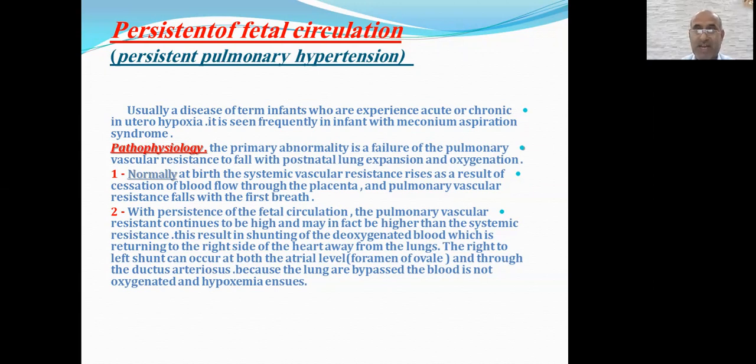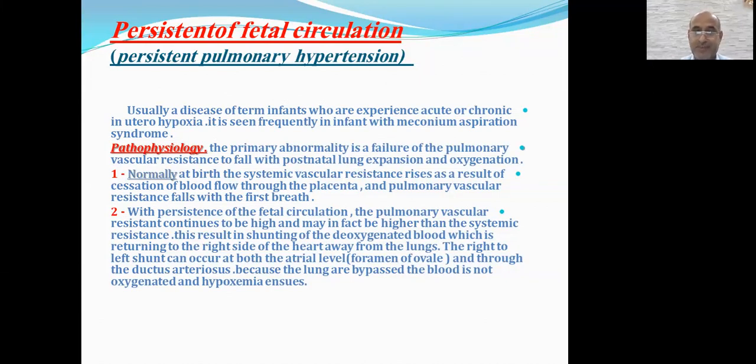Here we have a high pulmonary resistance. So the blood will be shunted to the left side before passing to the lung. This blood, of course deoxygenated, is shunted to the left side of the heart, then pumped to the rest of the body through the left heart.